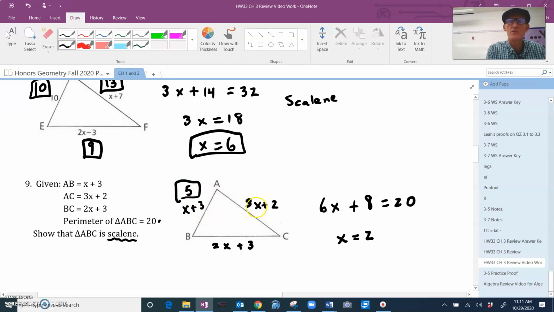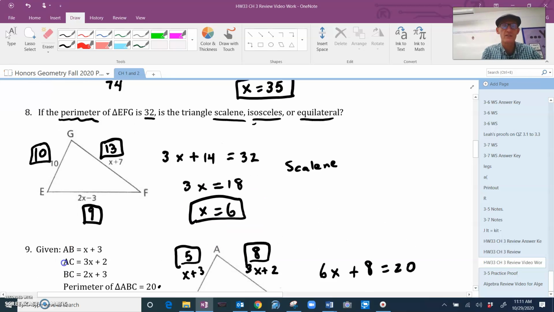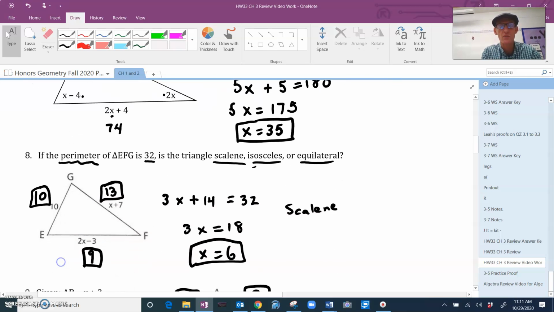This side is 3 times 2 plus 2, which is 8. And this side is 2 times 2, which is 4, plus 3, which is 7. So we can see that all three sides are not equal. It's a scalene triangle, just like the previous two problems.